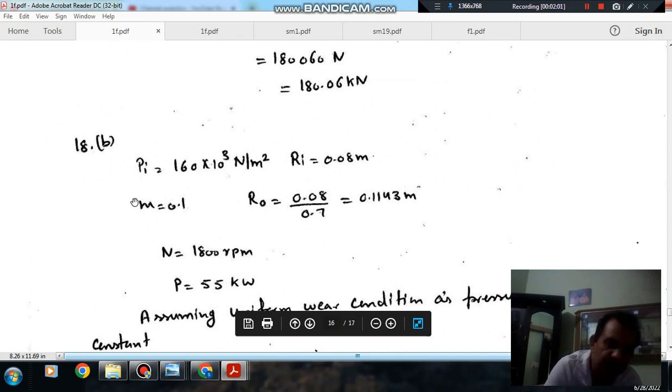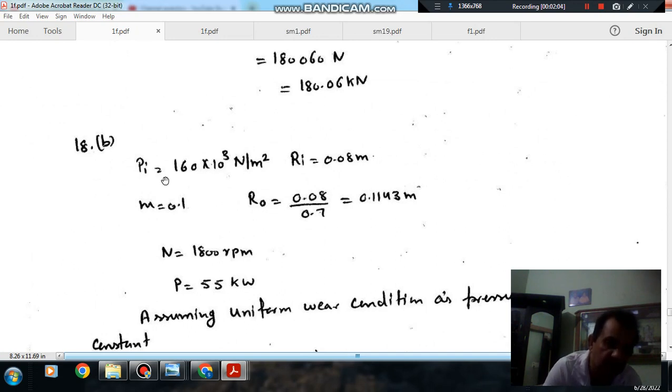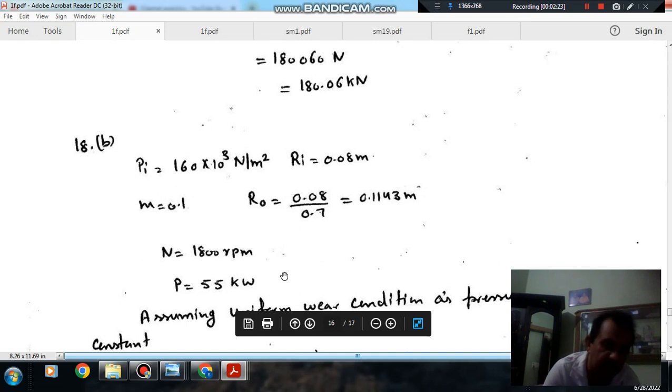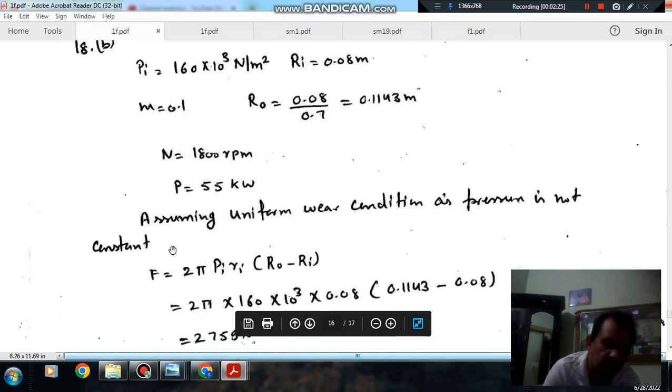As it is a clutch and the maximum pressure intensity is given, we will not use uniform pressure theory, because clutches are generally designed according to uniform wear theory. So we will use the uniform wear condition for designing the clutch.